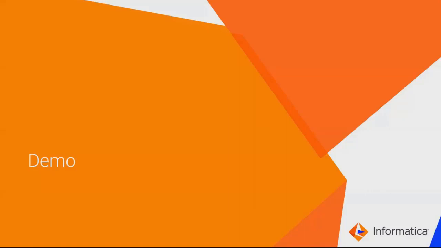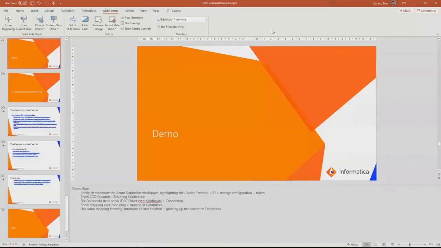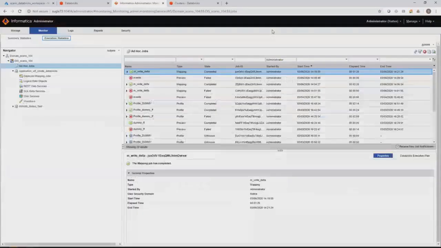I'll also be showing the automatic cluster creation, which we discussed, creating and deleting clusters from a workflow. And we'll also have a quick look at connecting to Databricks Delta. So let's move out of the presentation and have a look at a demo now.